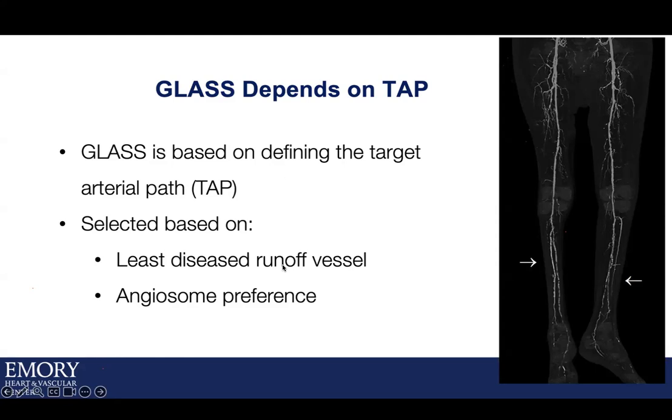Another way to look at it is if there is an ulcer in a certain point, then maybe you have to select the vessel that supplies that ulcerated segment, and you consider that as the TAP. And that's what we mentioned earlier as angiosomal ischemia, or the angiosomal concept. Because again, in these patients with 3 vessel disease, you cannot fix all of them, especially at once. And so it's always wiser to just select one vessel and work on it.